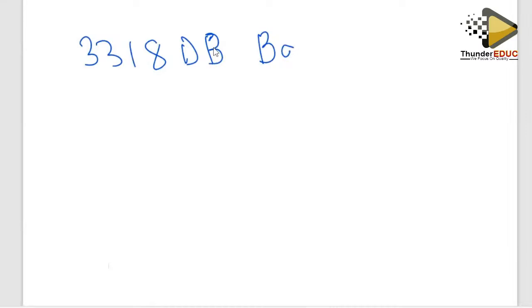Right, I will try to quickly explain the meaning of that reference and how we come up with that reference in geography. This is a reference of a particular map from South Africa, 3318 DB.